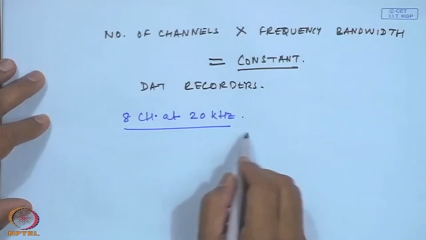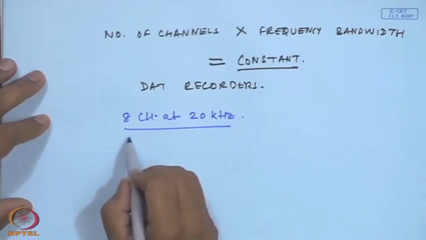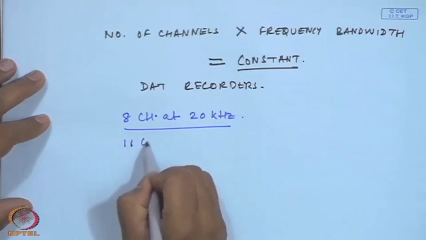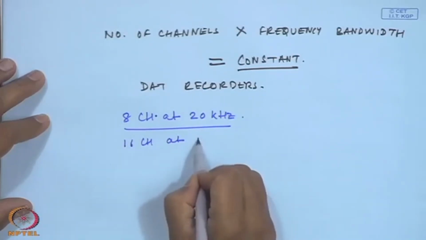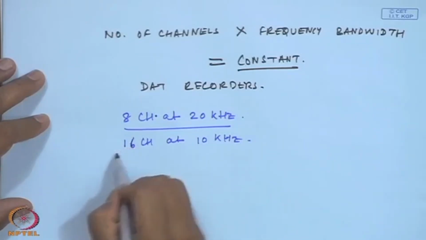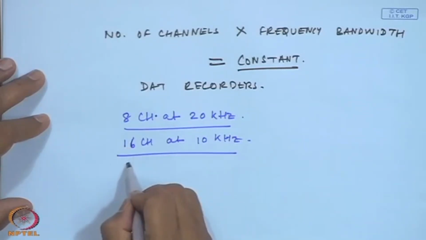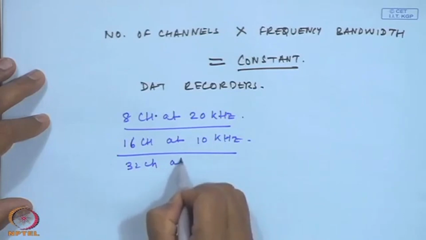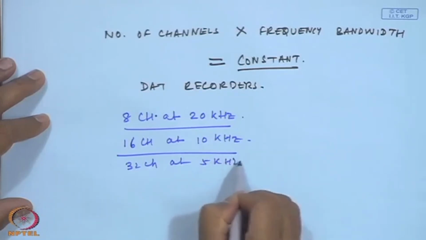If you want to make 16 channels, it has to be sampled at 10 kilohertz and so on. Or 32 channels at 5 kilohertz.